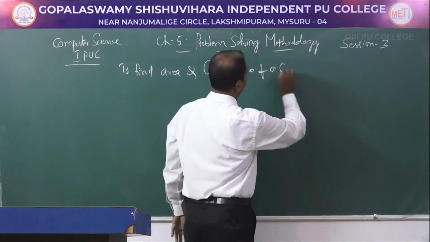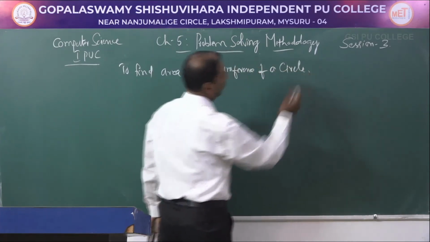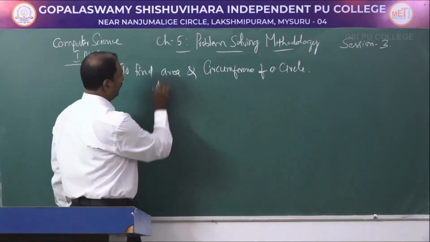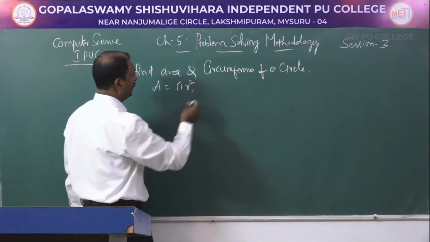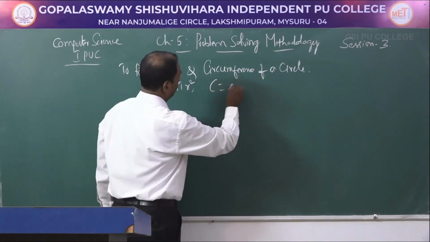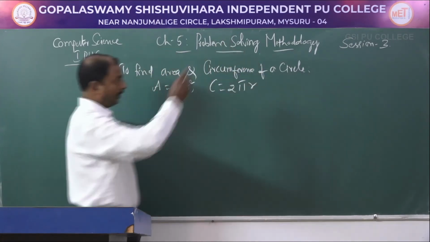You know the formula. Area is equal to pi r squared and circumference is equal to 2 pi r.